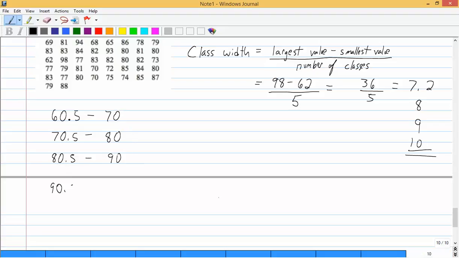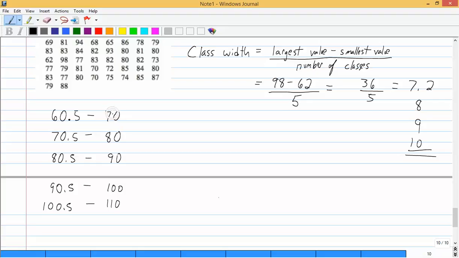So 90.5 to 100. We said that we wanted 5 classes, so the 5th one would be 100.5 to 110. So that is one way.